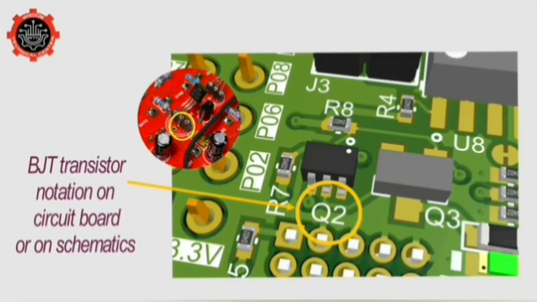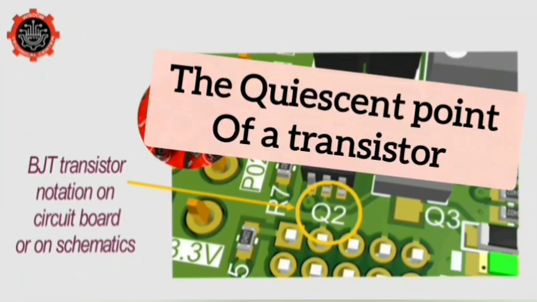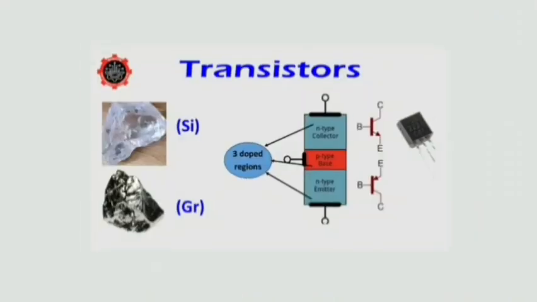This component can be indicated on a circuit board or on any engineering drawing by the capital letter Q, meaning transistor, or the quiescent point of a transistor, which is an important factor or parameter of this device.